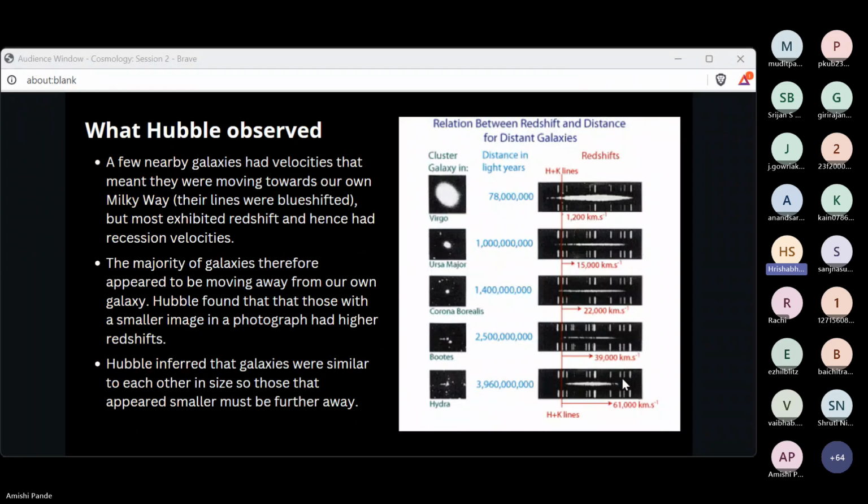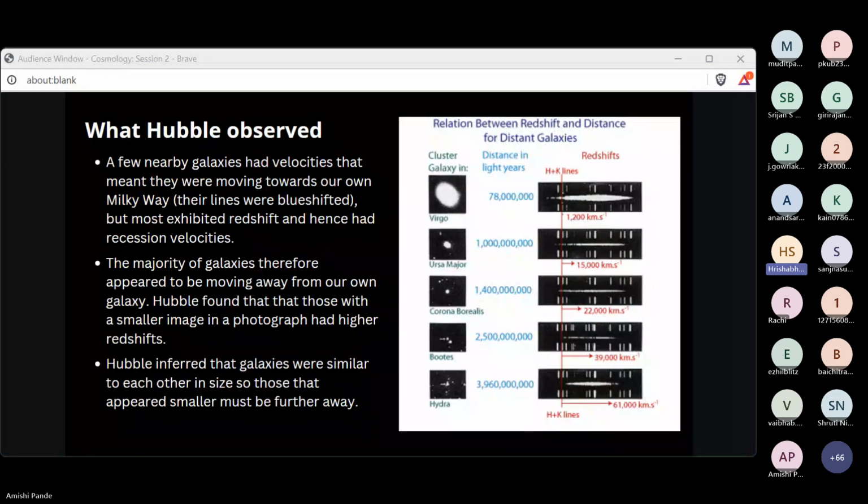In fact, they are moving towards us. But he also found out that the majority of galaxies appear to be moving away from our galaxy, and most of it just kept on moving away. And that is what helped Hubble infer that almost everything is moving as far away as it can.